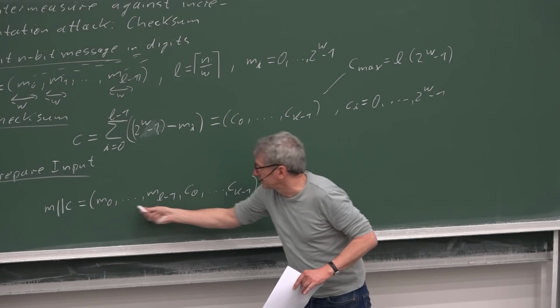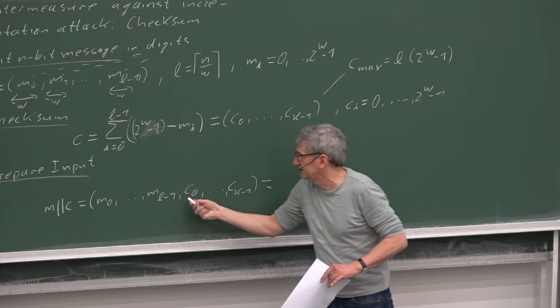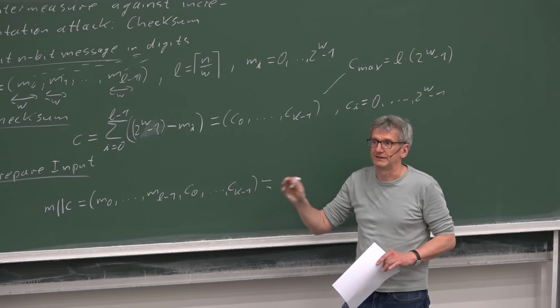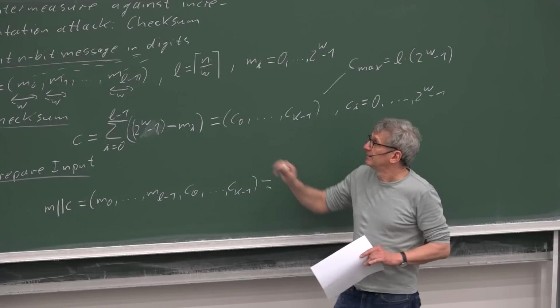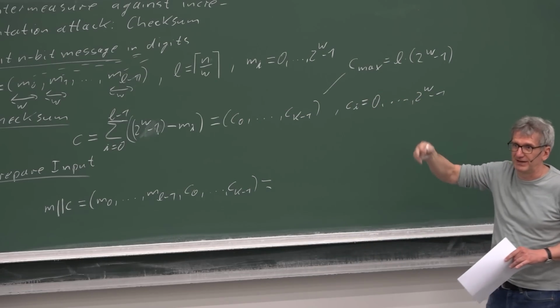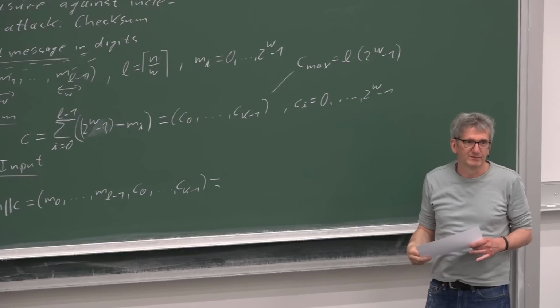So if you have 1024 digits here, you have 10 digits here. This is roughly the behavior here, okay? Because you add them up, and adding up is pretty slow, okay?